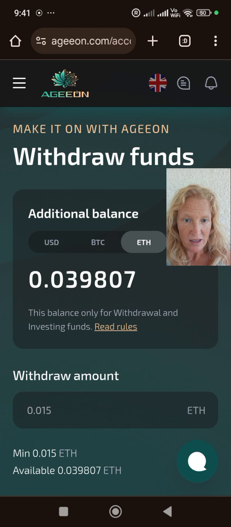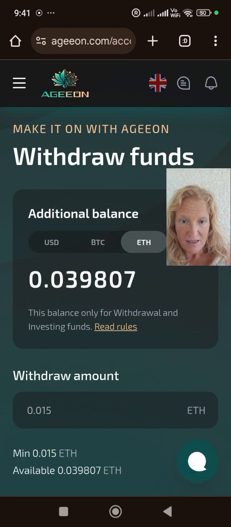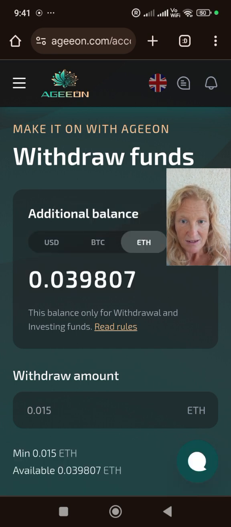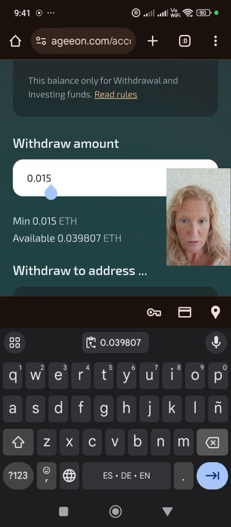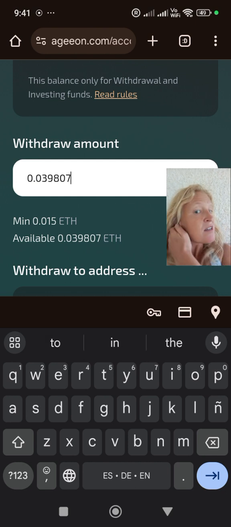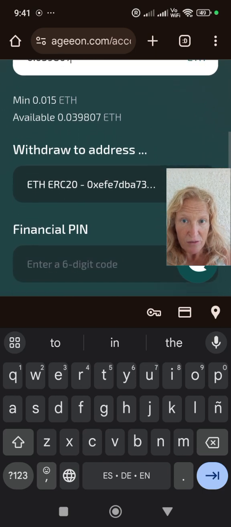It is creating Ethereum. So I click here, I select the amount, I copy it. There is a minimum amount of around $30 or $40, depending on the Ethereum price, that you have to have here in Ethereum.